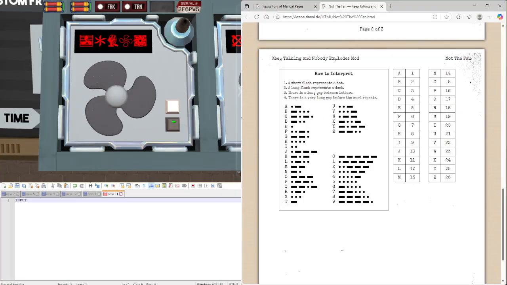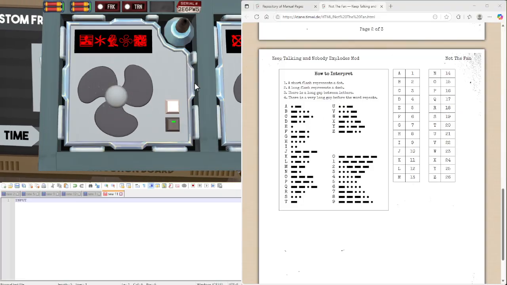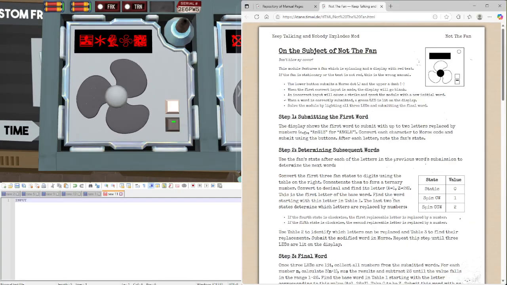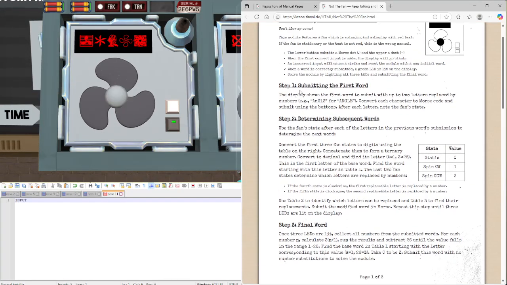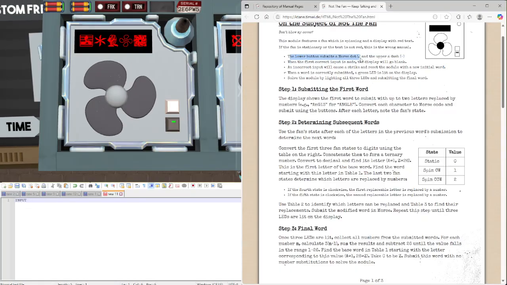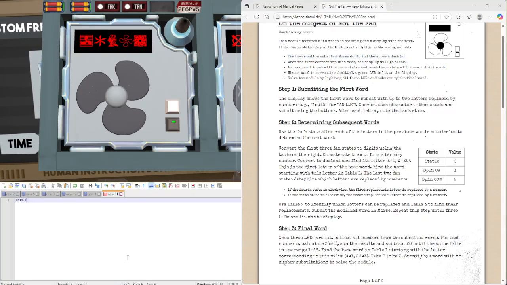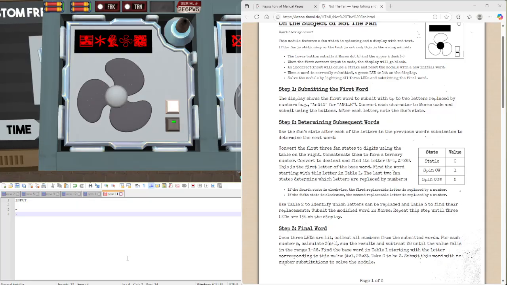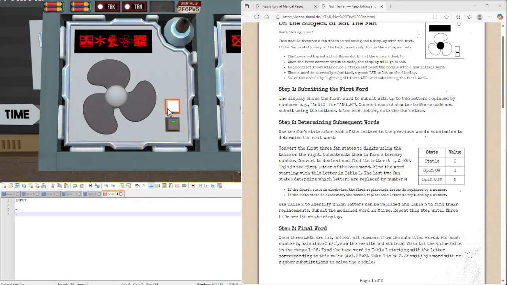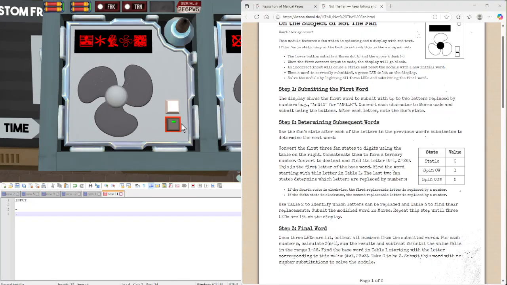So now inputting this, fair enough. So how do we input it? The lower button submits a dot, the upper button submits a dash. So the white button is dash, the grey one is actually a dot.